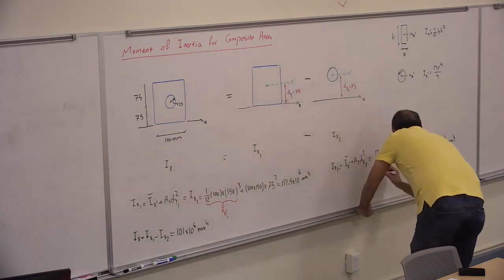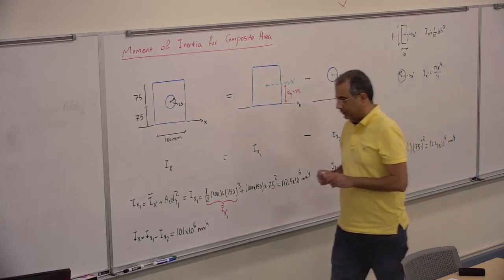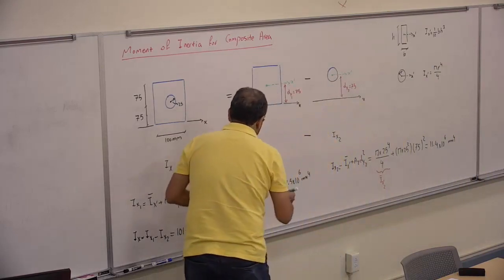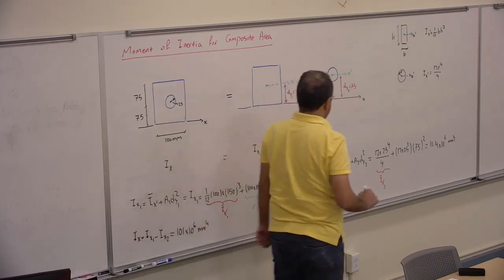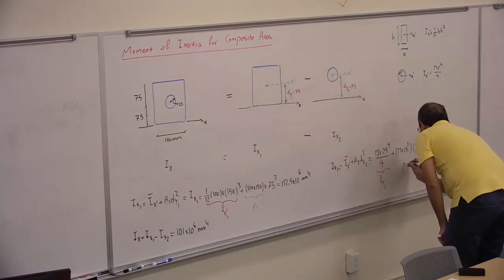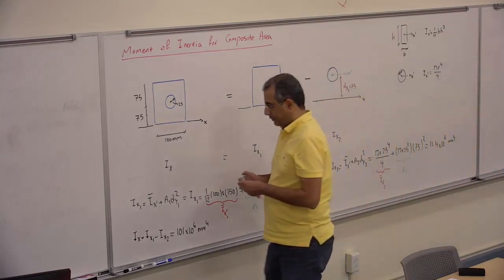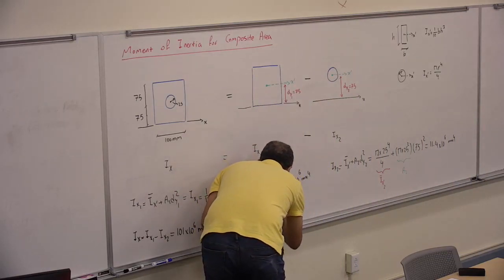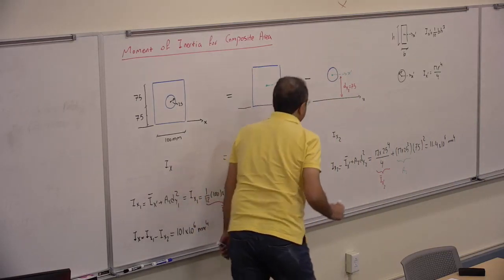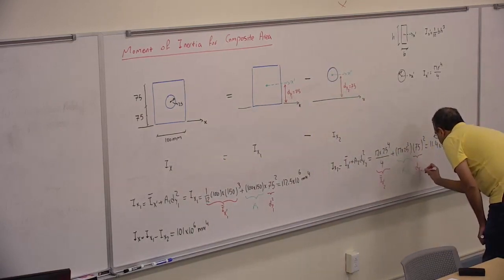This is the I about the centroid for the second one. This is the area for the first one. This is the area for the second one. And this is A1 dy1 squared, and this is A2 dy2 squared.